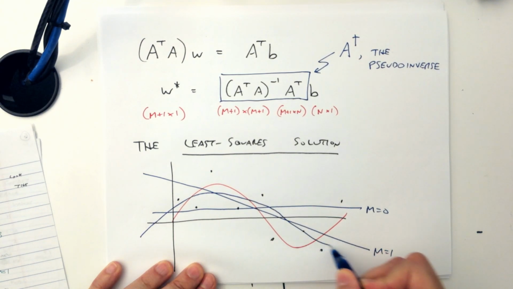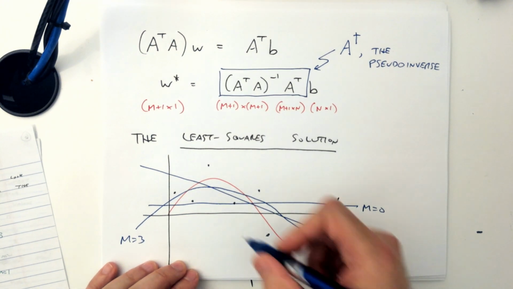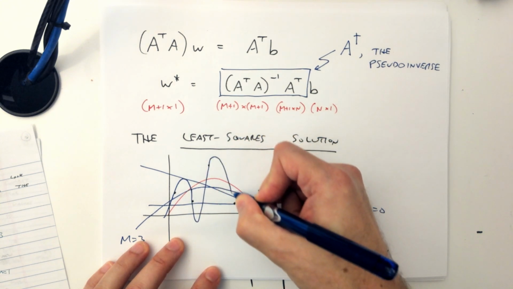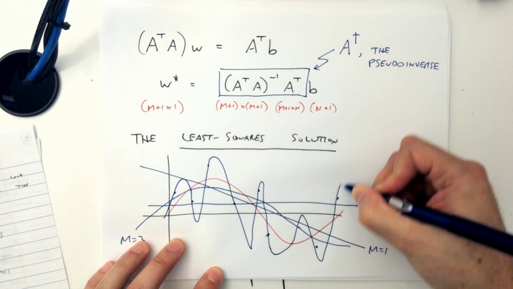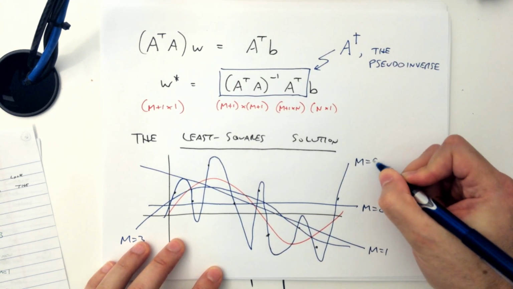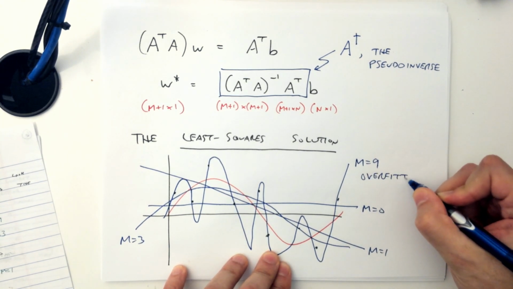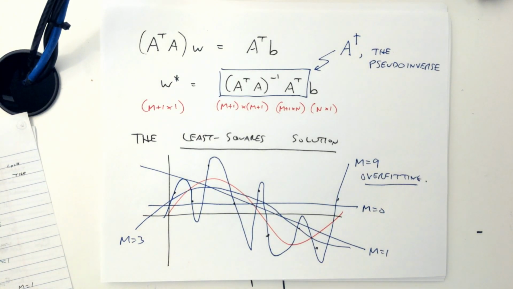I'm sorry I don't have more colored pens for m equals 3. But the big thing that we may have is something like this. When I have too many parameters, what I may see is something like this. And this is called overfitting. This is going to be really crappy at generalizing to any new unseen data, right?